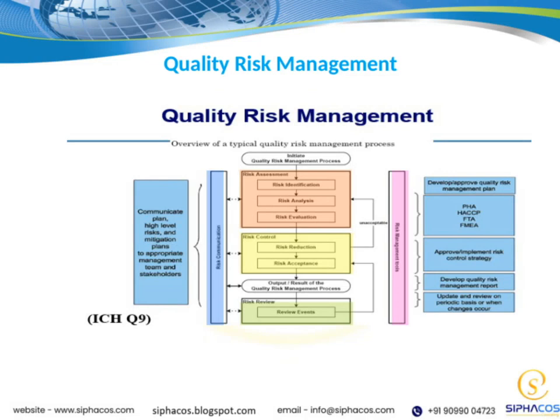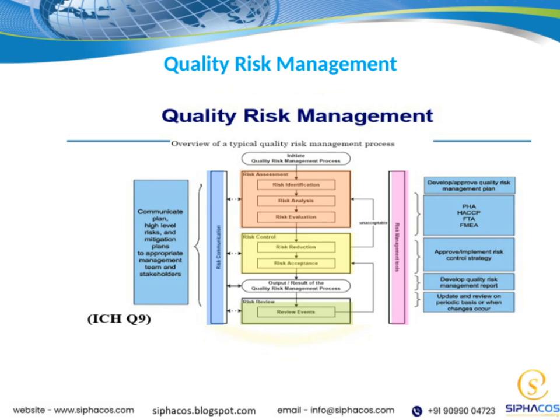Let's talk about quality risk management. This is a crucial aspect of ensuring that our products meet the highest standards. Essentially, it involves identifying potential risks that could affect quality and then systematically managing those risks to prevent issues. The key points here are being proactive and thorough, anticipating problems before they happen and addressing them effectively.